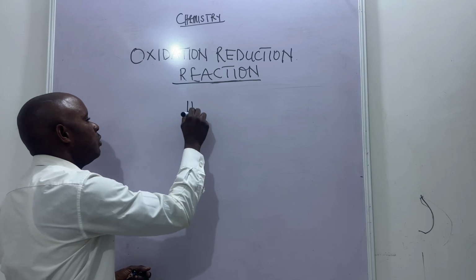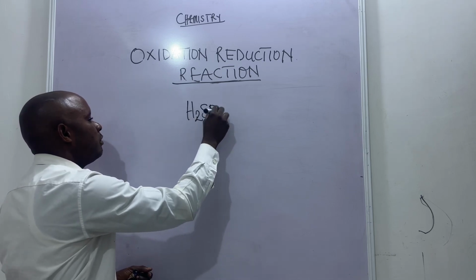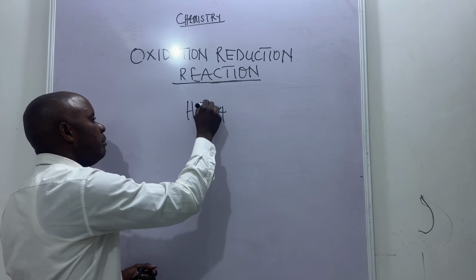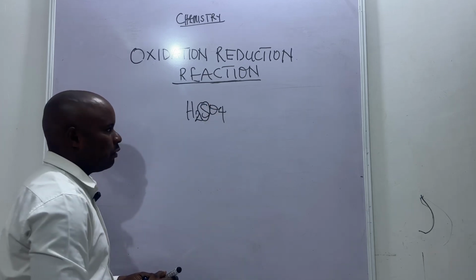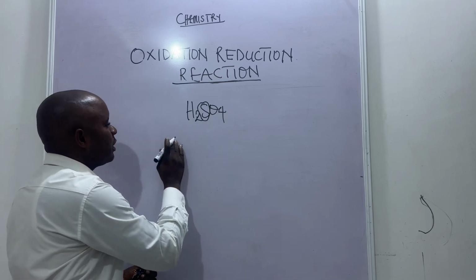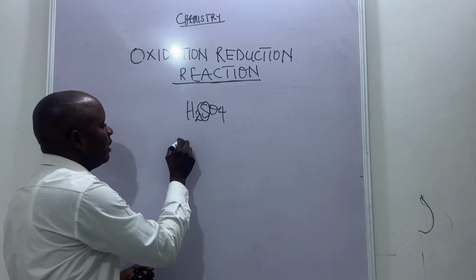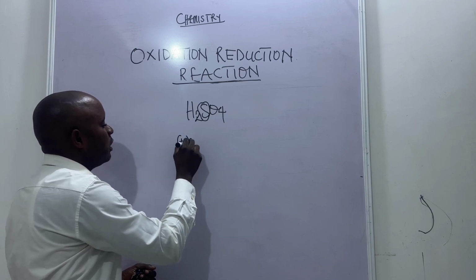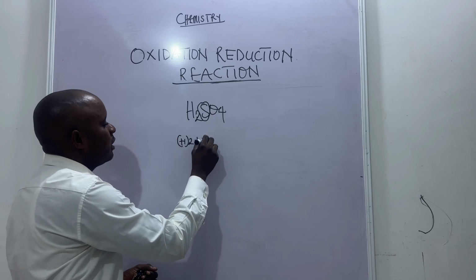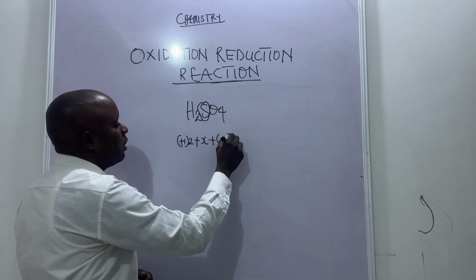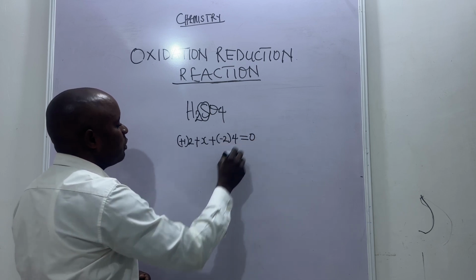So let's have H2SO4. We're going to look for the oxidation state of sulfur. Hydrogen is +1 times 2, plus S, plus -2 occurred 4 times, equals to 0.